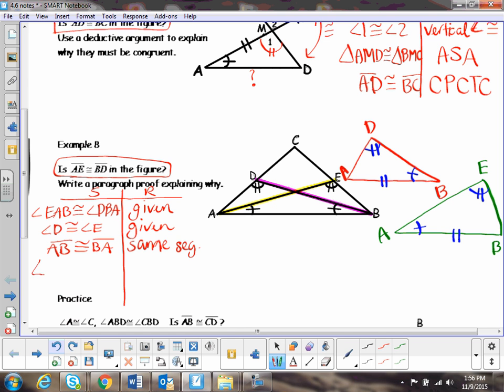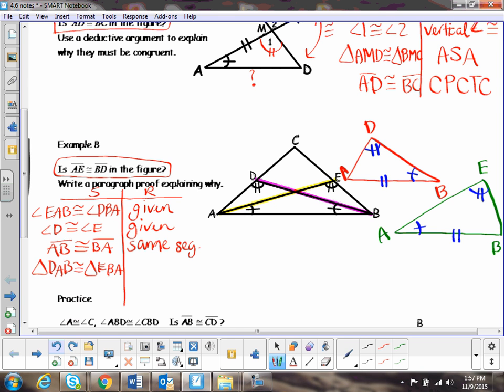Now let's write it in the triangle. Triangle EAB is congruent to triangle EBA.